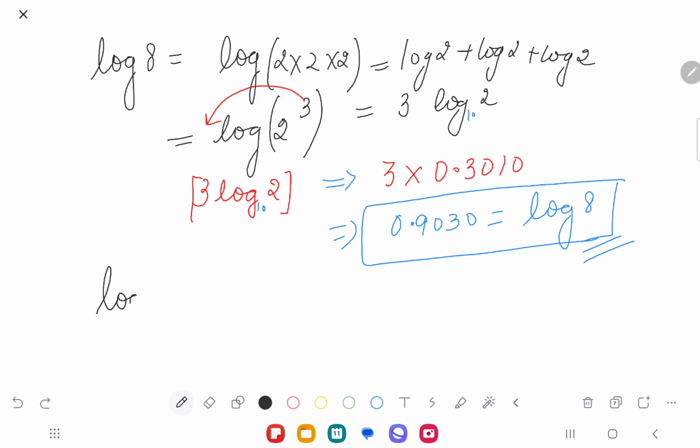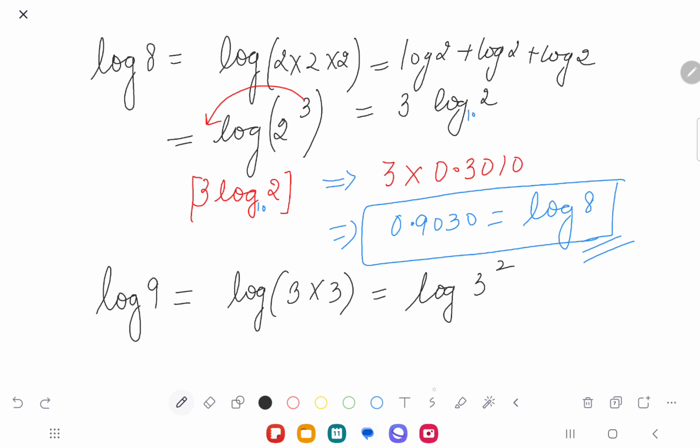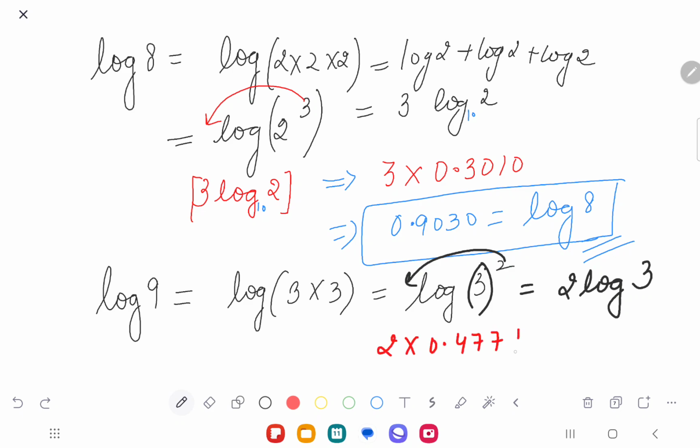Now let's calculate log 9. What is log 9? Understand? Log 9 would be log of 3 times 3, which is nothing but log 3 square. Yes or no? And that shall be nothing but, the 2 shall come forward, so 2 times log 3. And what is log 3? 2 times 0.4771.